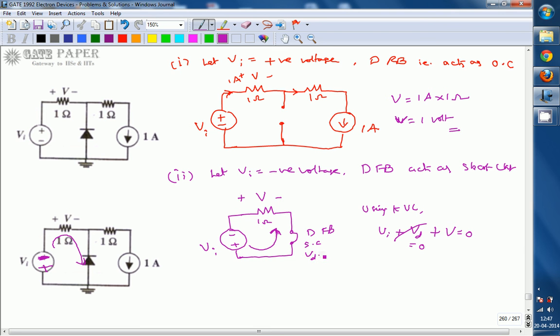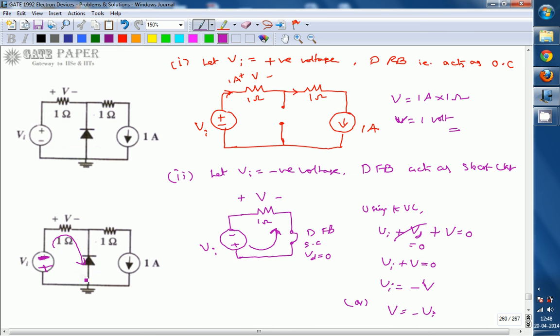So Vi plus V is equal to 0, Vi is equal to minus V, or what we are interested in, V is equal to minus Vi. Whatever voltage you apply appears across the resistor itself. If you apply minus 5 volts, you get minus 5 volts. If you apply minus 10 volts, you get minus 10 volts.